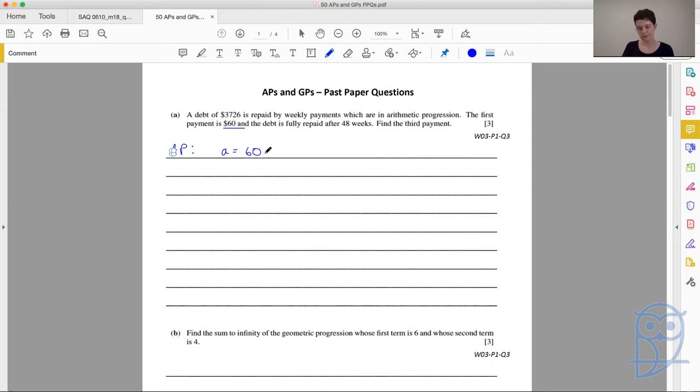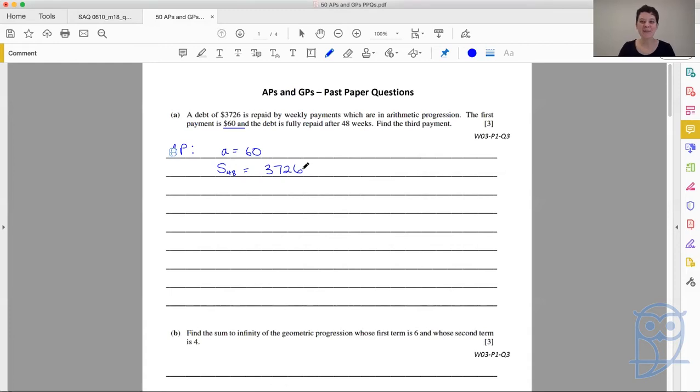We don't know what each of those terms are, but after those 48 weeks, it's all going to add up to 3,726, because that is the total amount of debt being repaid. So a is 60, and the sum after 48 weeks is 3,726.